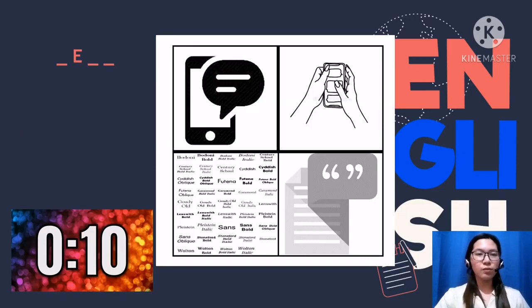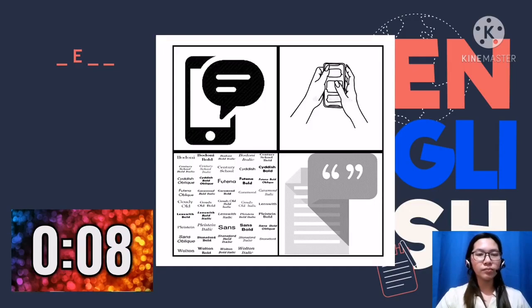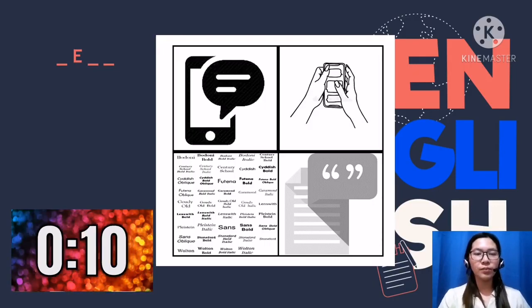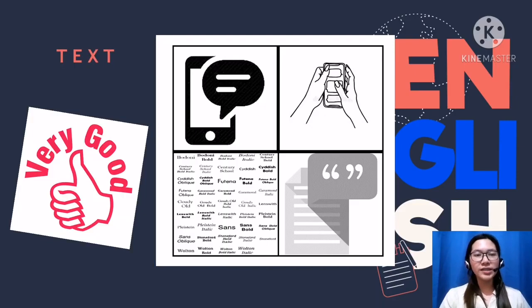So this is our first picture. What do you think is our first picture? Okay, let's find out what's the answer. Very good. It's text.